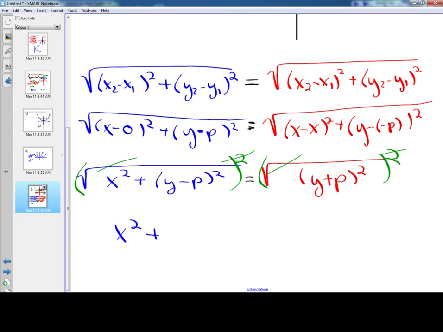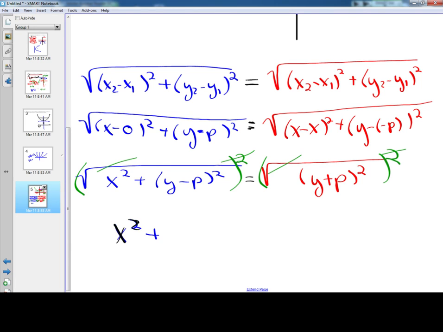I think I'm ready to expand that now. There's no avoiding it now, is there? It's kind of there already. So I'm going to expand that y minus p squared, okay? So what did the square root do to the problem?